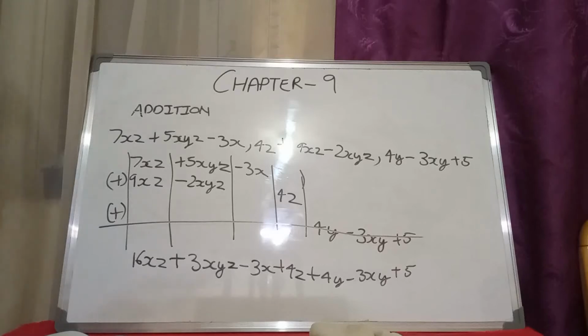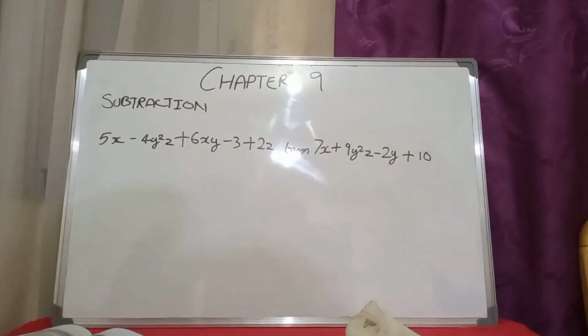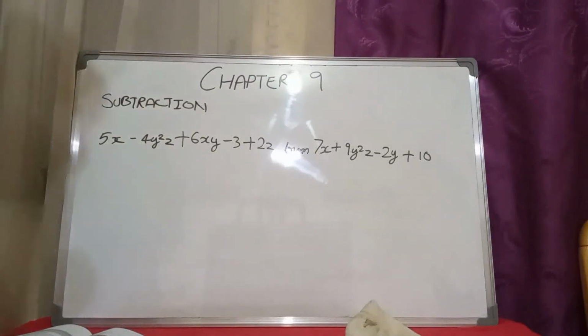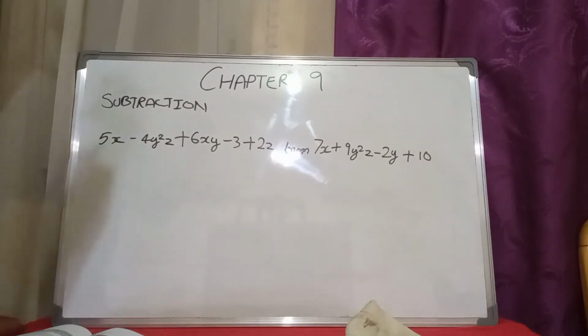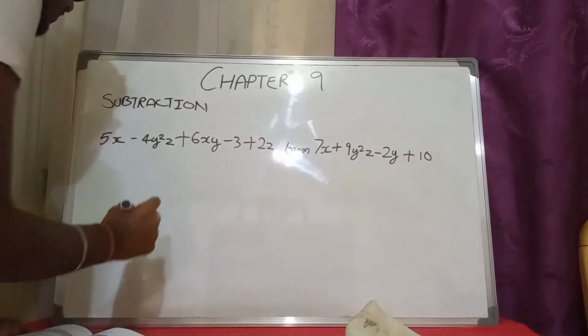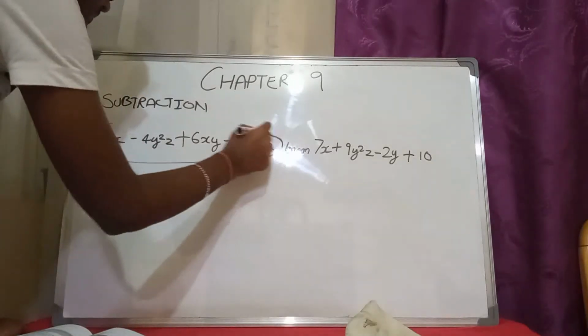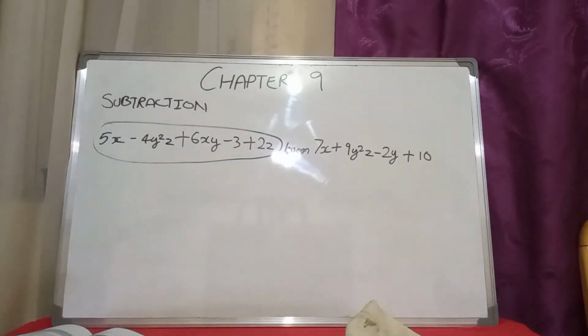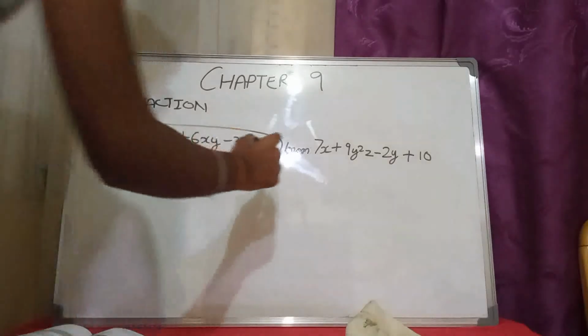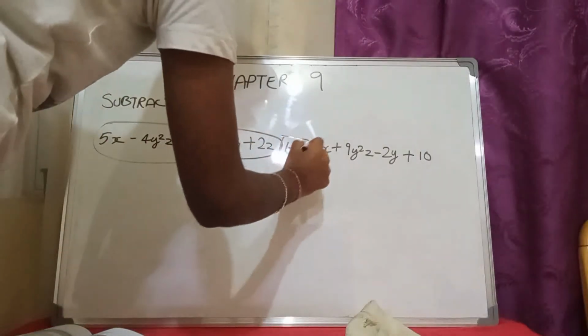Now we'll move to subtraction. Coming to subtraction, there is an important thing that we have to notice, that is additive inverse. While we solve it, we will come to know what it is. So again here we will write the first term as it is. But there's an issue. It mentions here from.